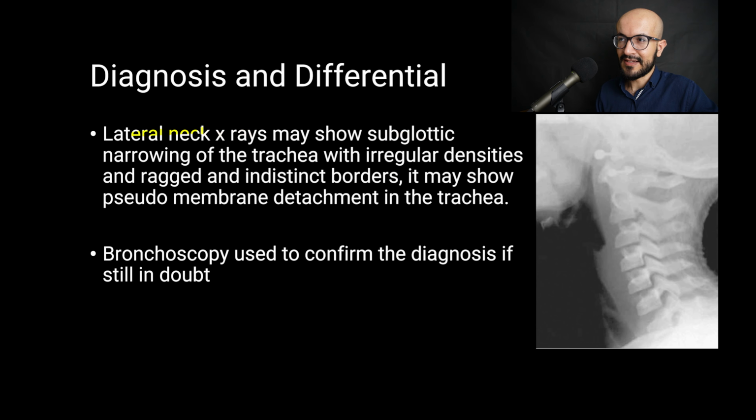And lateral neck x-rays may show subglottic narrowing of the trachea with irregular densities and ragged and indistinct borders, and it may also show pseudomembrane detachment in the trachea. So as you can see in this picture here, it's a lateral neck x-ray showing a pseudomembrane detaching from the mucosa of the trachea, and a bronchoscopy is used to confirm the diagnosis if it's still in doubt.